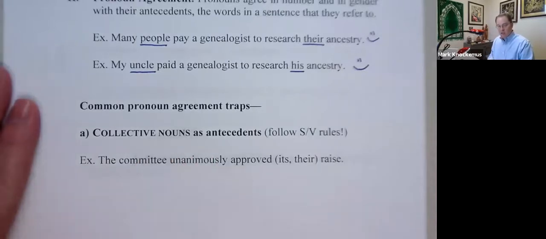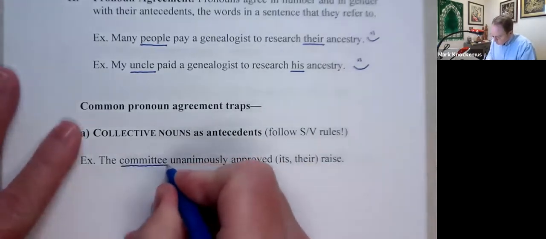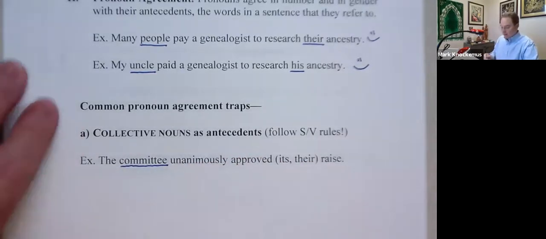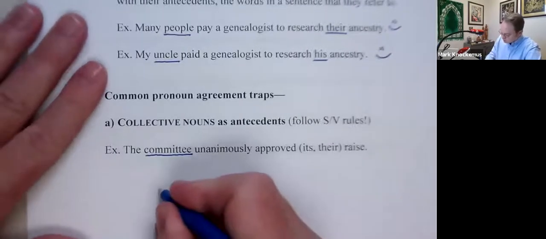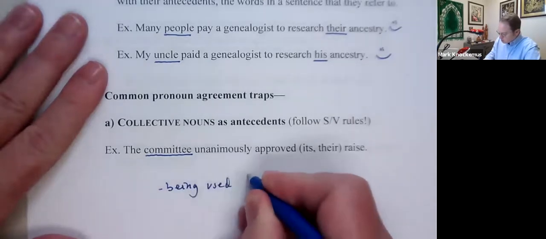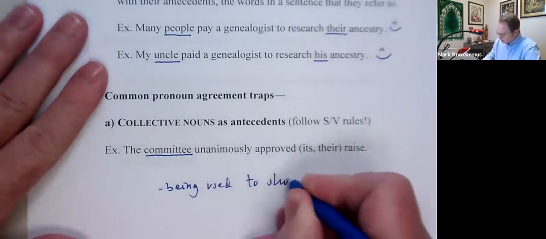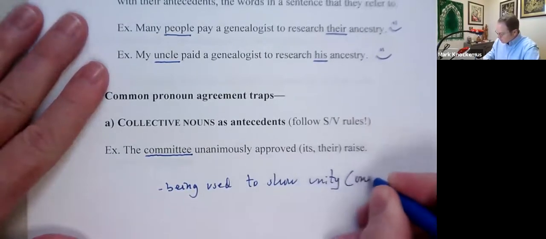One of those is collective nouns. An example of a collective noun would be committee. If we have a collective noun being used to show unity, right?